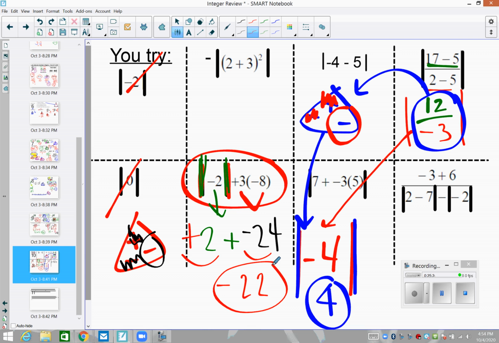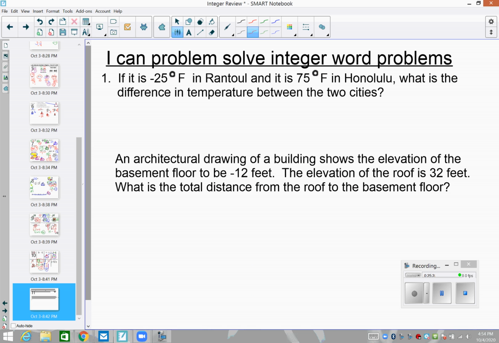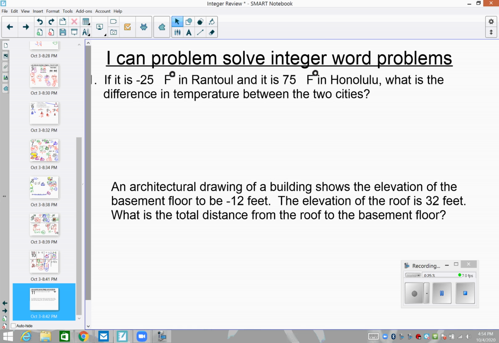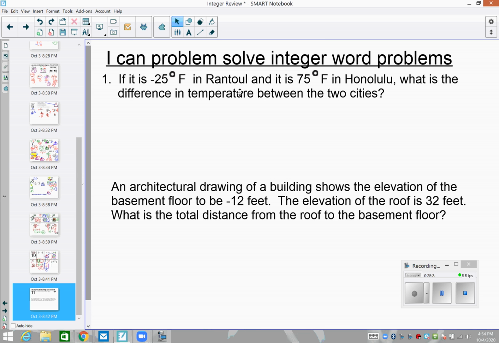All right, and the last problems of the day are the word problems that go with this lesson. If it is negative 25 degrees in Rantoul and it's 75 degrees in Honolulu, what is the difference in temperature between the two cities?